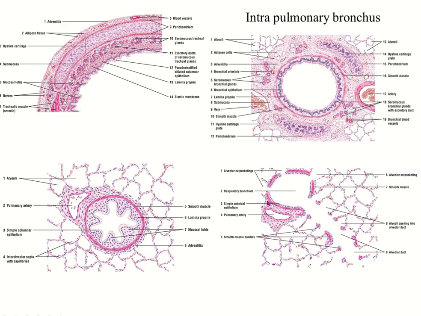So alveoli are present in the respiratory bronchiole, so respiration starts here. Other parts are the same. This also contains simple cuboidal epithelium, lamina propria, discontinuously arranged smooth muscle layer, and adventitia.